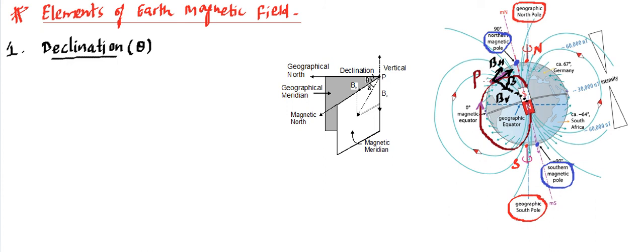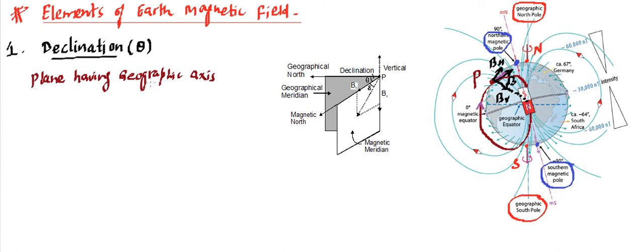So if P is our point of interest, what we are going to do is consider a plane that passes through the geographic axis as well as the point P. So there's a plane, let me write over here, plane consisting of the geographic axis as well as point P. When we say geographic axis, that means this is a line passing through the north pole as well as the south pole.